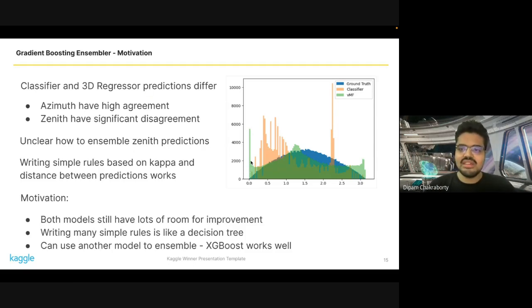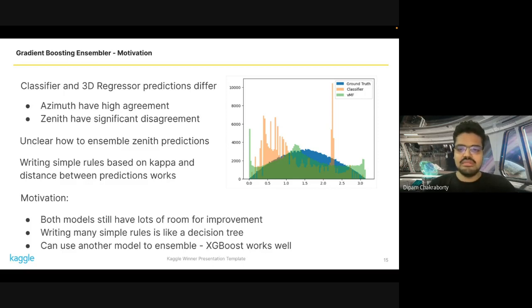The stack predictor actually wants to predict these edges a lot, versus the classifier, as I said, is biased wholly towards the top of the IceCube. And on top of that, they're not very close to the perfect prediction that you might get. Normally when we train neural networks, we might already be getting a very high score, and then doing an ensemble with both of them maybe gives a little more. Versus here, there's a lot of room for improvement.